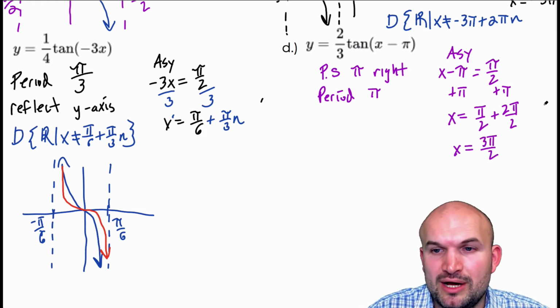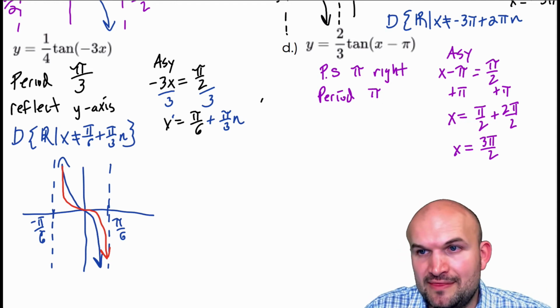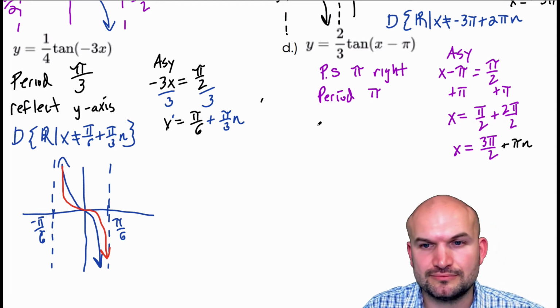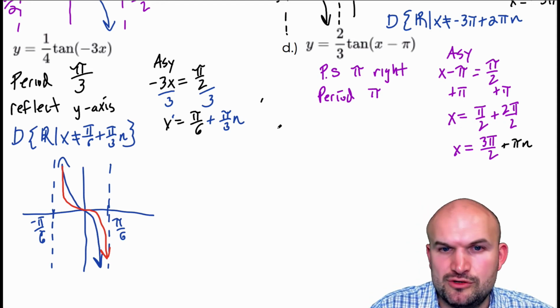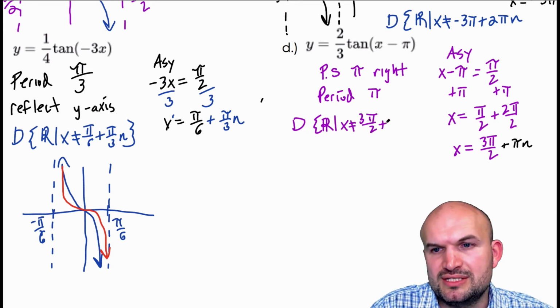And then if I wanted to figure out where the next asymptote is, you're just going to add the period n times. So therefore now my domain is going to be all real numbers such that x cannot equal my asymptote plus all the other occurrences of that asymptote.